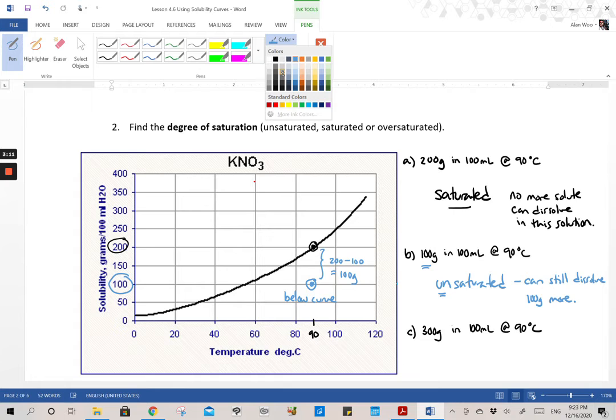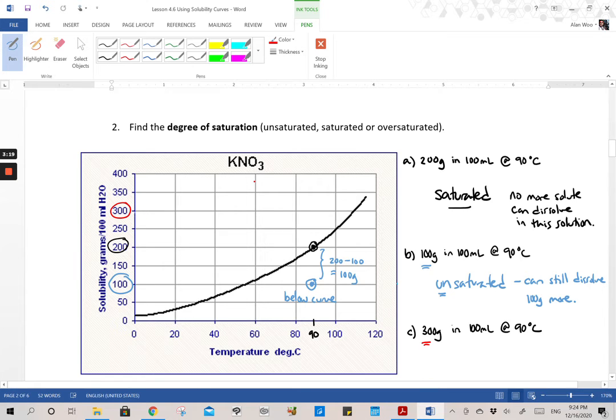So obviously the last one that we look at, 300 grams, we look for 300 grams on our curve. We look at where 390 degrees meet, and that point sits above the curve.